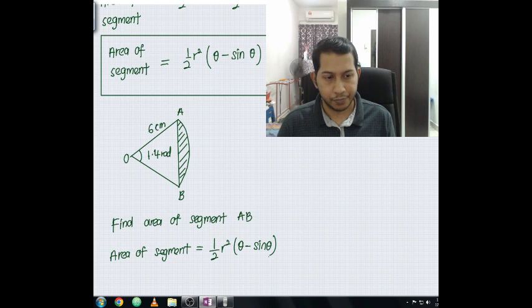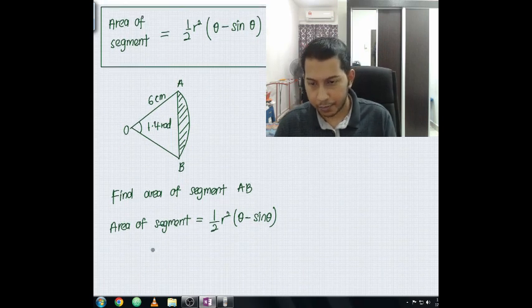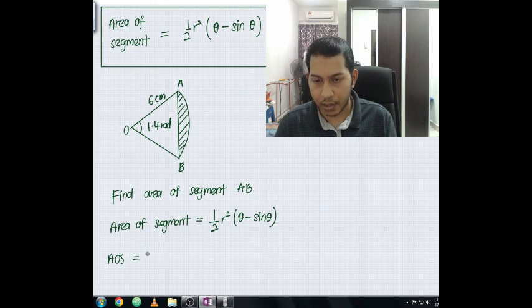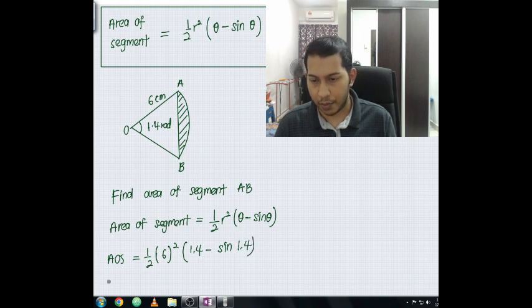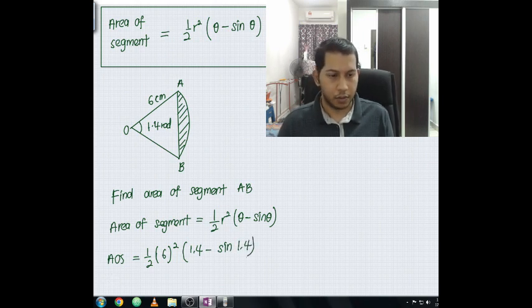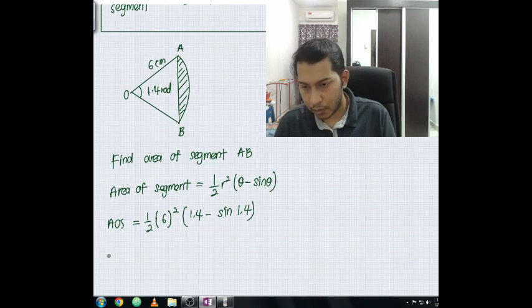Okay, so continue. Let me just write this in short form A or S. So it's equals to half times with 6 square, and let me include the angle. So 1.4 minus sine 1.4. Okay, so let us calculate this.